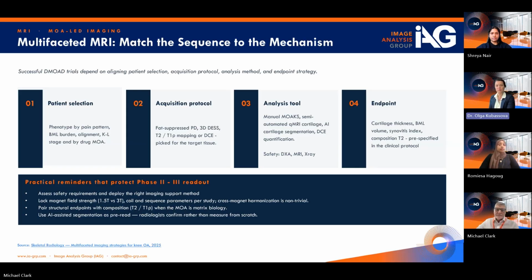And then using that information, build an imaging protocol that will support patient recruitment, patient stratification. That imaging protocol will be then implemented at the sites where we're locking parameters, depending on the scanner type. And once you have the opportunity to acquire images, then you can choose the scoring systems which would be most appropriate.